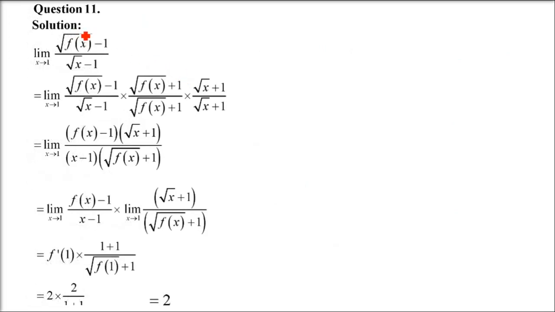Now question number 11 it is. Okay, f1 is 1, f dash 1 is 2, that is d by dx of fx is 2 at 1. And we have to find out the limit of under root fx minus 1 by under root x minus 1. So first of all, whenever we have under root something, we have to eliminate the under root.